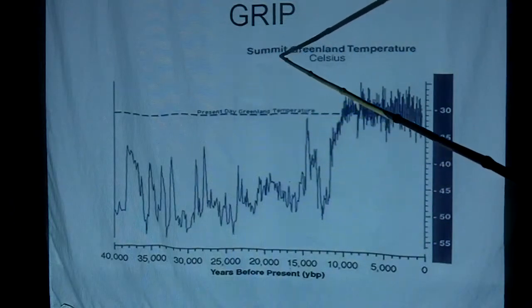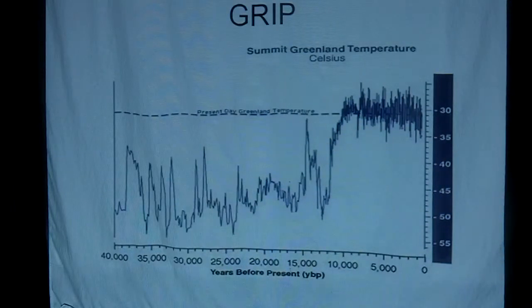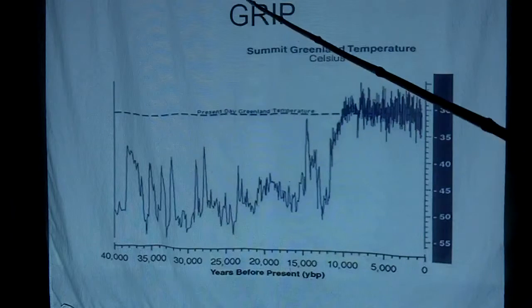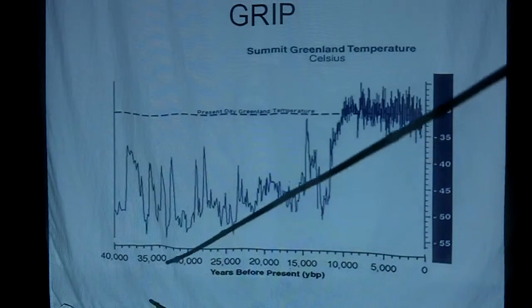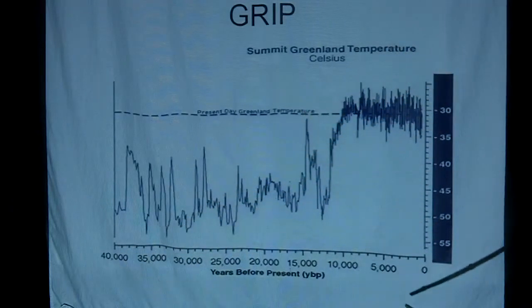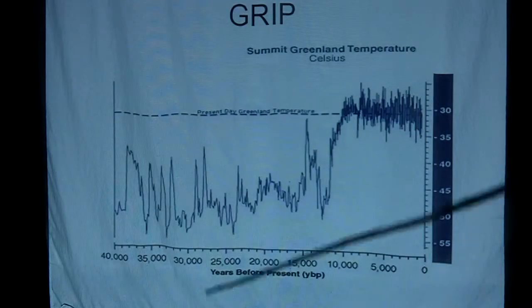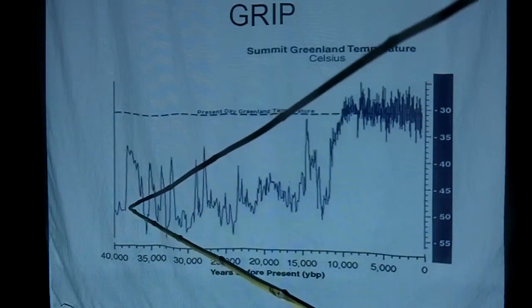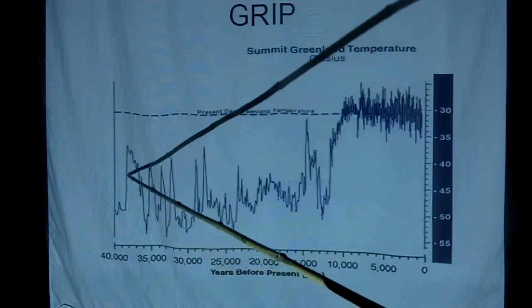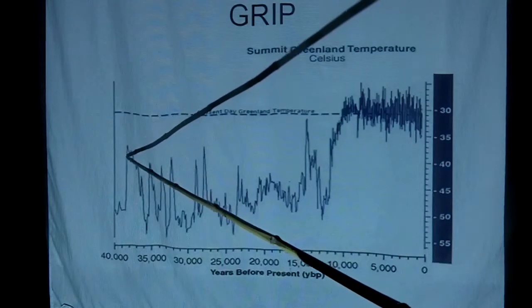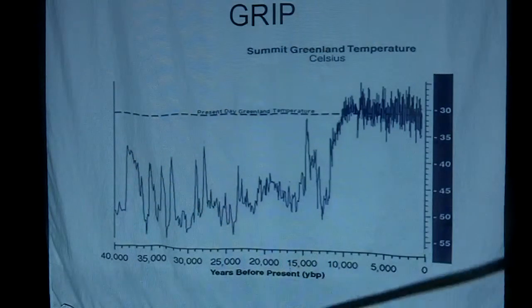And this is the summit temperature, not summer. And this is GRIP, stands for Greenland Ice Project, which was a European funded operation. And here's the data going back 40,000 years, and this is present time. So you can see here we're starting out minus 55 or something like that, and then the temperature jumps up within just a couple of years to about minus 40 or maybe minus 39.